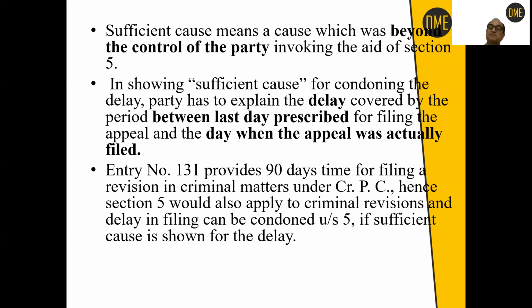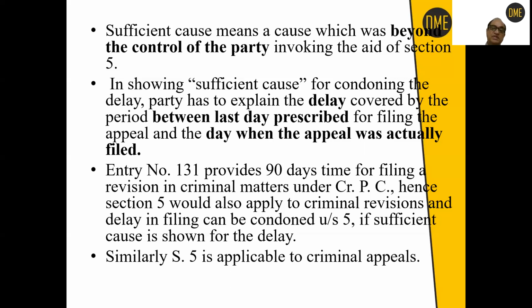But the condition is same. You will have to explain the delay of each and every day between the last day fixed for the limitation and up to actual filing of the appeal. What was the reasons? You will have to explain it day to day.